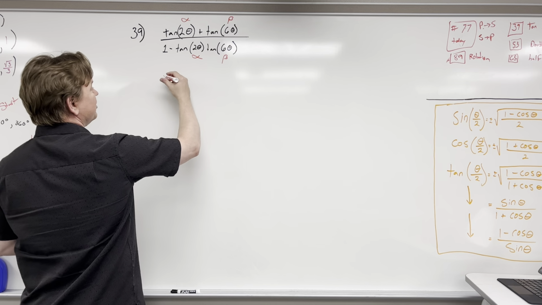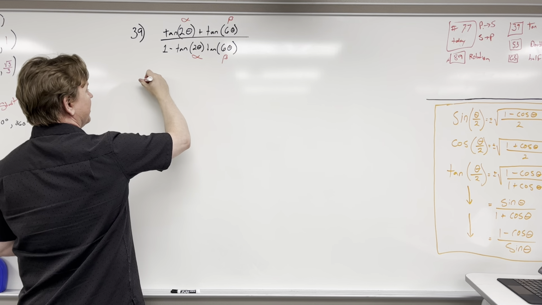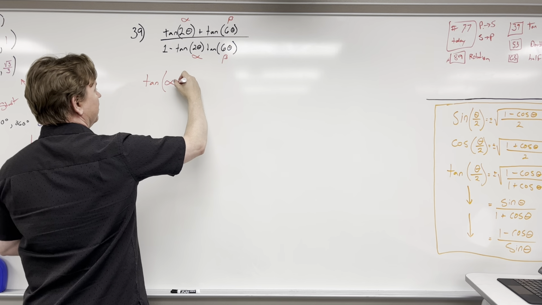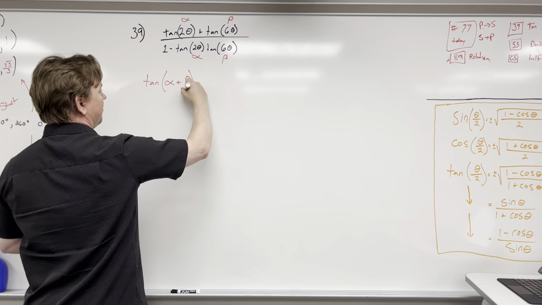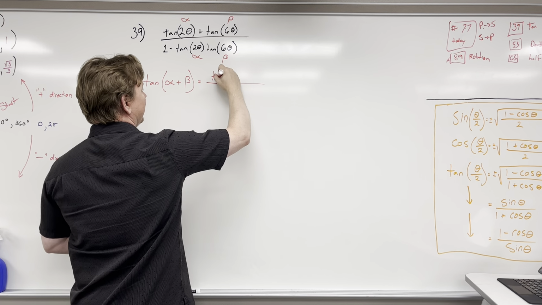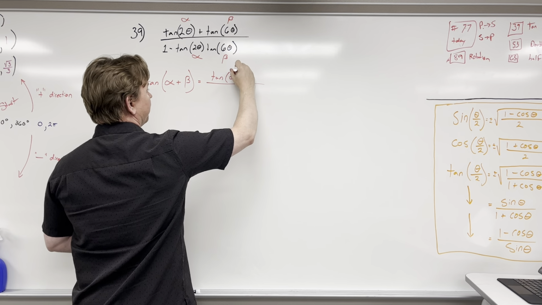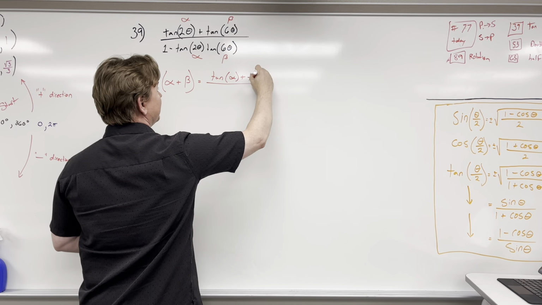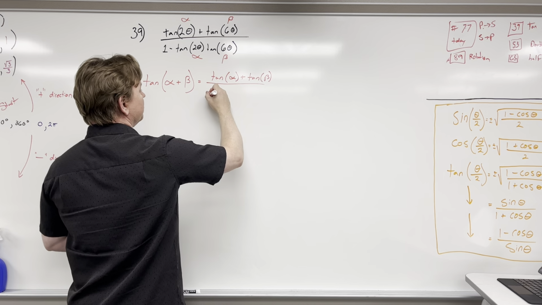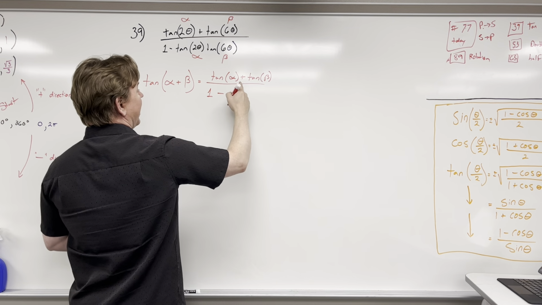So what tangent is, and I'll write it in its form here: if you have the tangent of alpha plus beta, the sum identity, that is going to equal tangent of your first angle plus the tangent of the second angle.